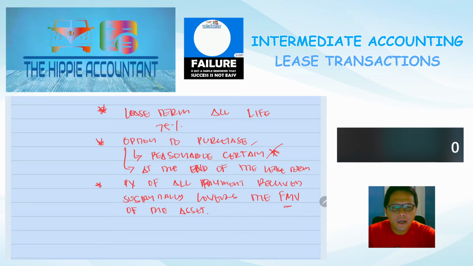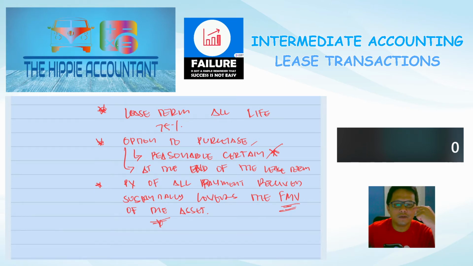Kumbaga, pag i-discount natin yung lahat ng payments coming from the lessee, tapos yung total amount nun substantially covers the fair market value of the asset, then it is a finance lease.